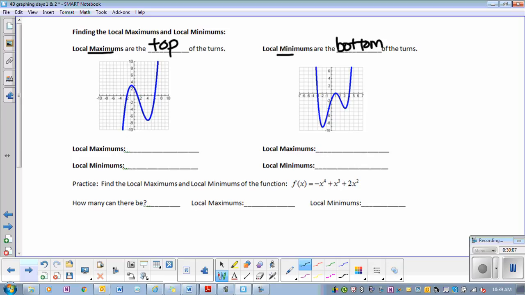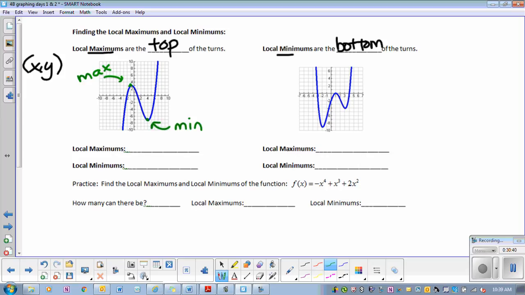Okay, so let's look at this. Yeah, the local maxes and the local mins. Guys, with this, we want the ordered pair. I actually want the ordered pair for this, okay? Because if you tell me the point, I can go and grab it. All right? So, local maximums. Well, you know what? There's one right here. And local minimum, well, there's one right there.